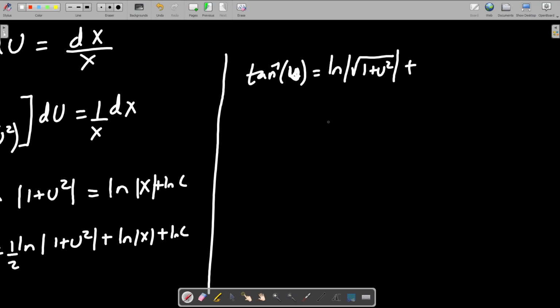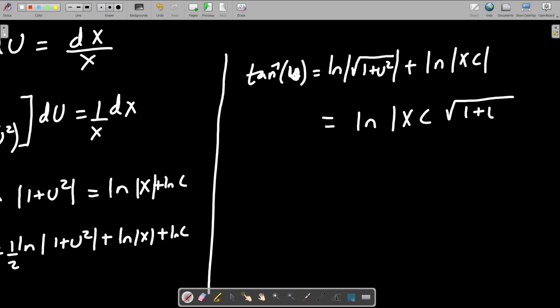I'll combine these terms directly. This is ln of x times c, and combining again, this will become ln of x times c times root of 1 + u^2.